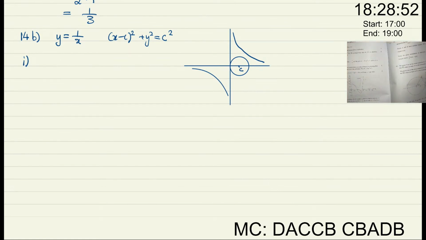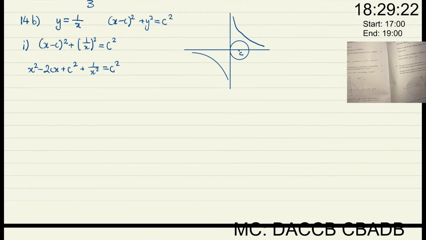It says the x coordinates of any points of intersection. So points of intersection is when you make y, and you just sub it in, right? So let's just sub it in. Okay, cancel out the C's. I just think, is that it?